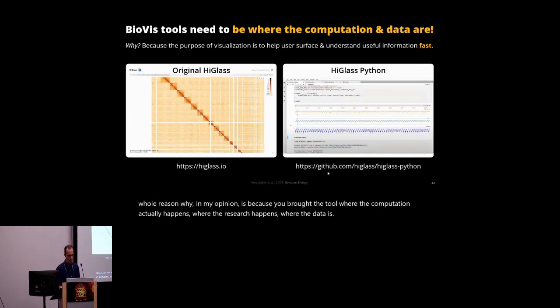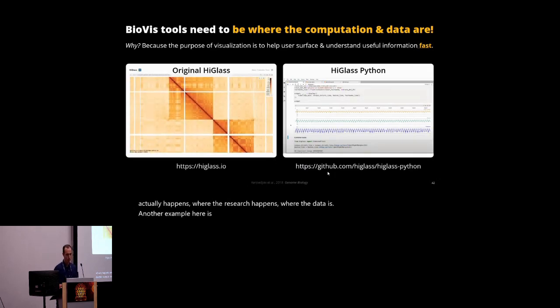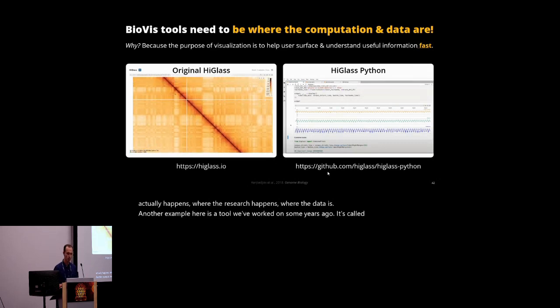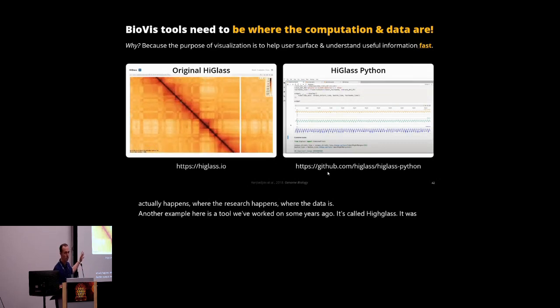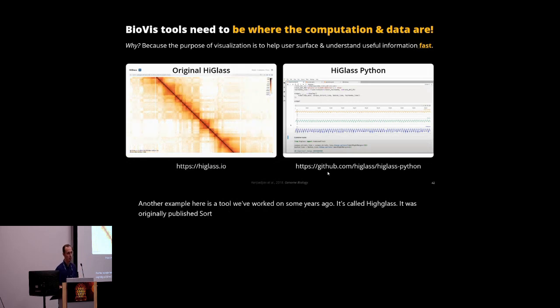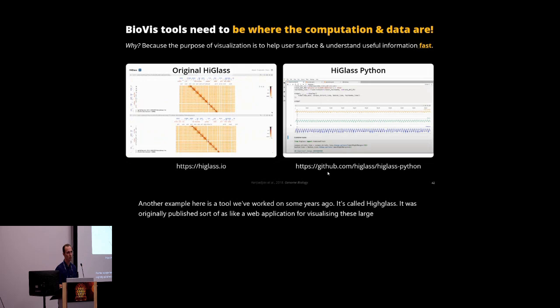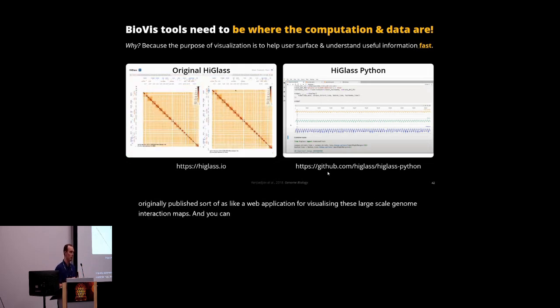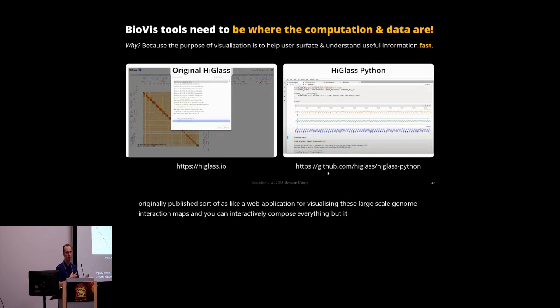Another example here is a tool we worked on some years ago. It's called HiGlass. It was originally published as a web application for visualizing these large-scale genome interaction maps. And you can interactively compose everything, but it was bound to the web. It was a web server.